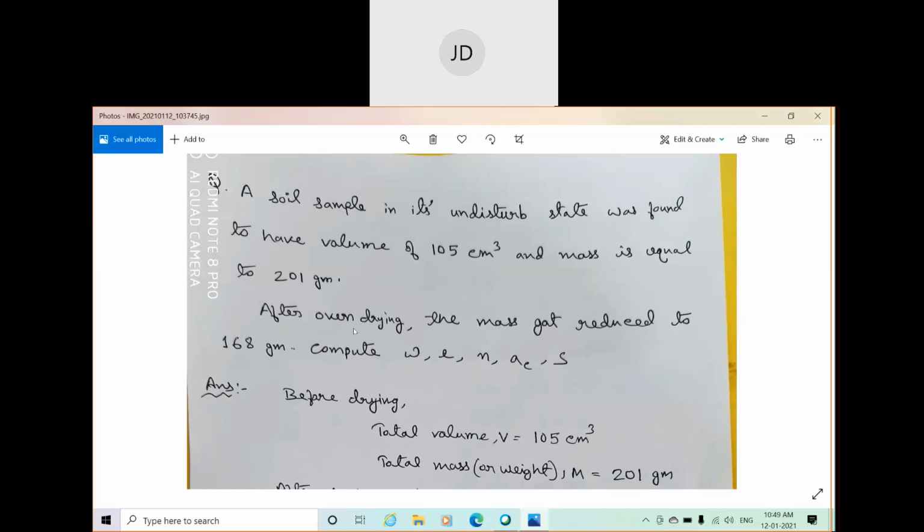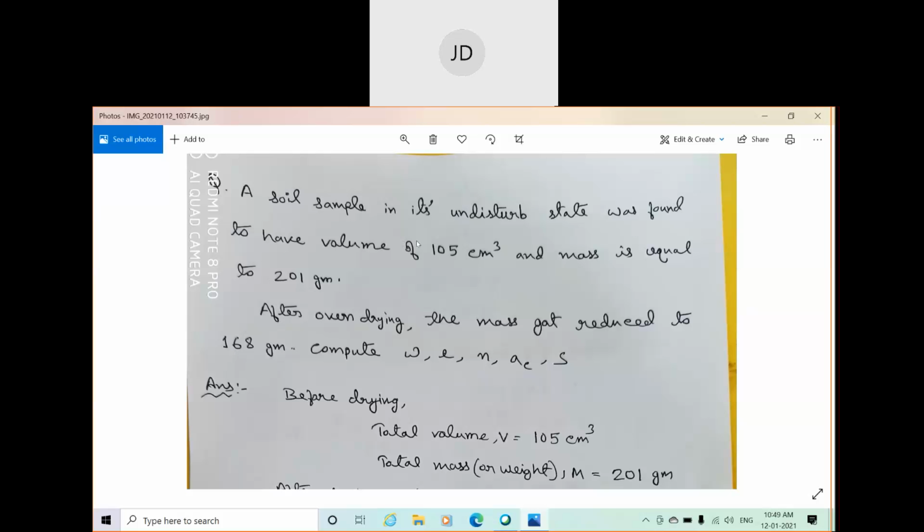The water will get reduced or expelled out of the sample, so only the mass remaining in the soil will be the mass of the soil solid. Whatever mass or weight remains after oven drying is equal to the mass of the solid, which is given as 168 gram.